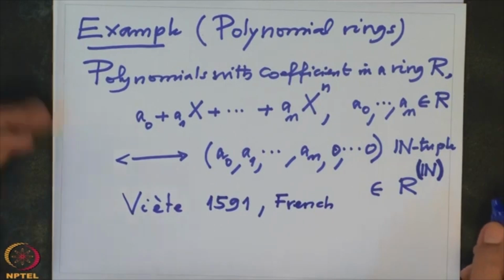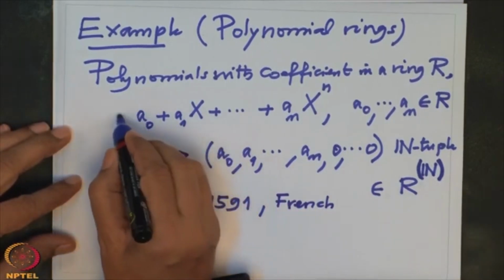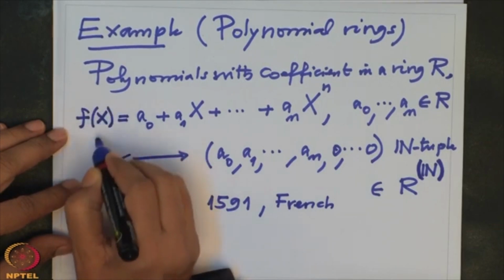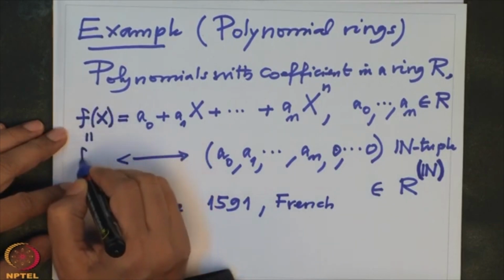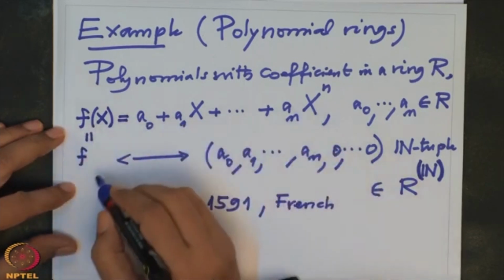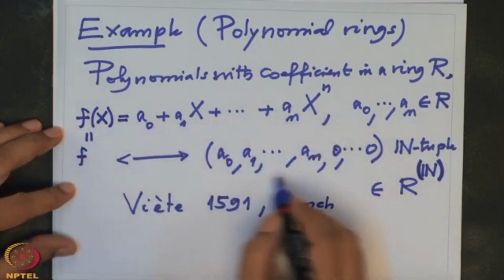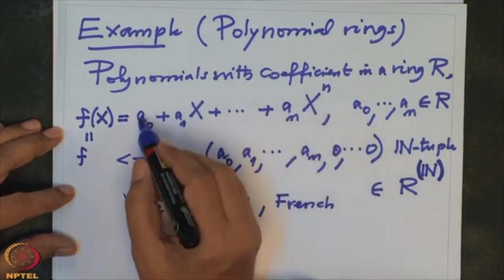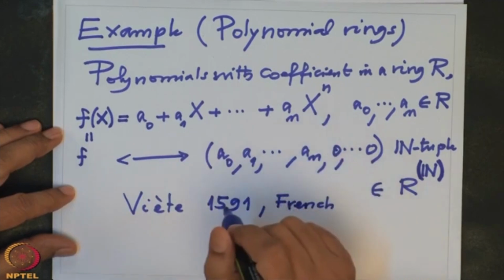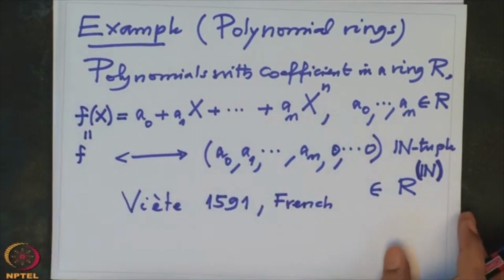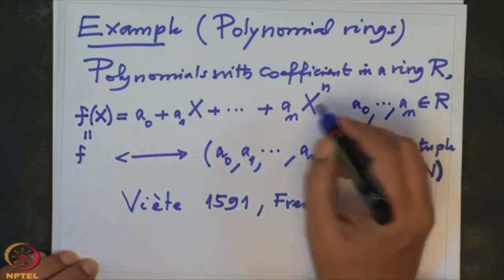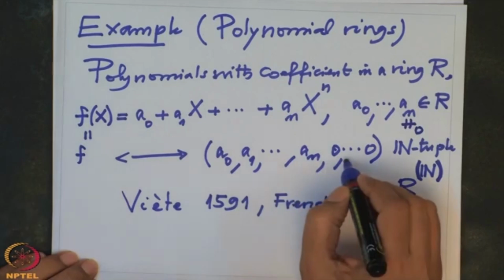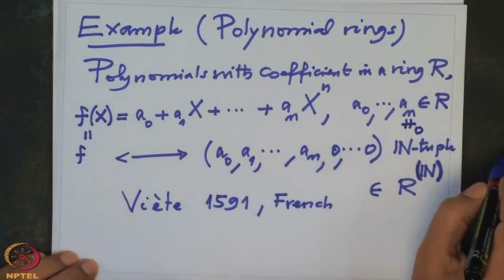Now, polynomials are usually denoted by f of x. When there is no confusion, we will only write f. F is a polynomial, that means an expression like this, or if you want to think in terms of coordinates. But I would recommend we use this, because we are used to it from earlier curriculum like school and college. Here the last coefficient is non-zero; of course we only have to note up to where it is non-zero, and after that there are zeros.